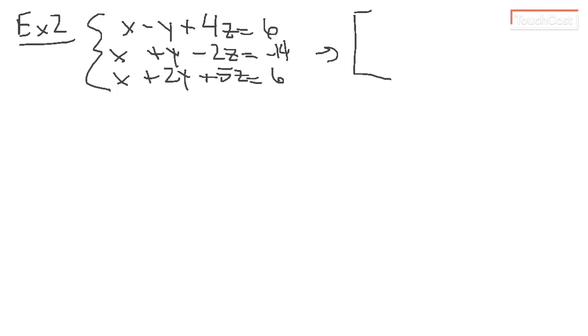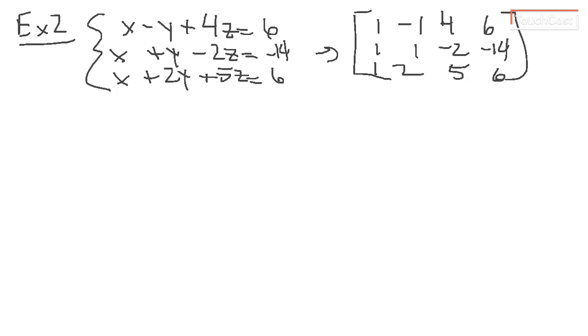So I'm going to have 1, negative 1, 4, 6, 1, 1, negative 2, negative 14, and 1, 2, 5, 6. So I'm going to actually focus first on getting that third row the way I want it. So I'm going to start by going R3, the third row, and subtracting the first row from it, and then get my new third row.